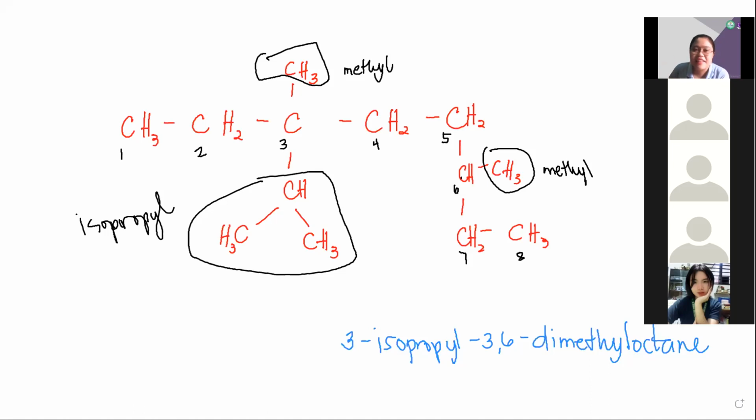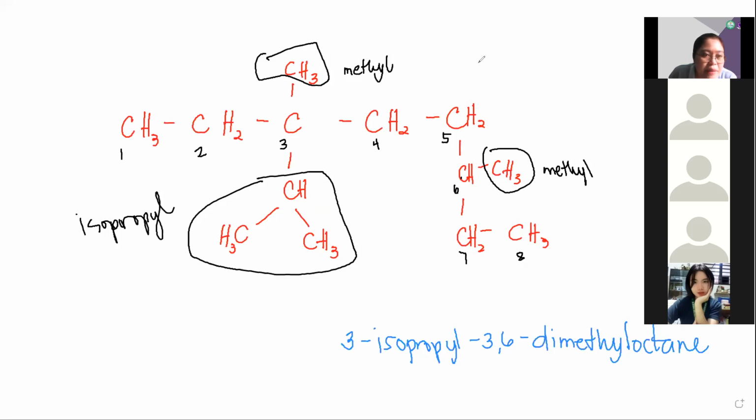But that was the time na I told you na hindi kasali si iso. But let me correct that. Kasali si iso. Siya lang yung prefix na isasali natin in the alphabetical order. 3-isopropyl. This should be 3. Yeah, tama si Claudine. 3-isopropyl, 3,6-dimethyl octane. Okay, tama na yung inyong answer.